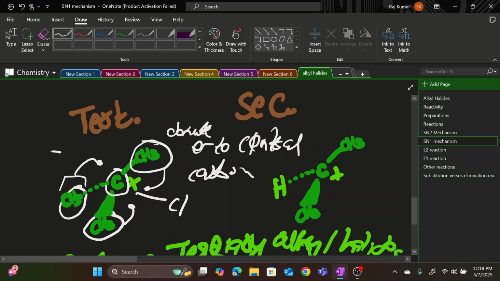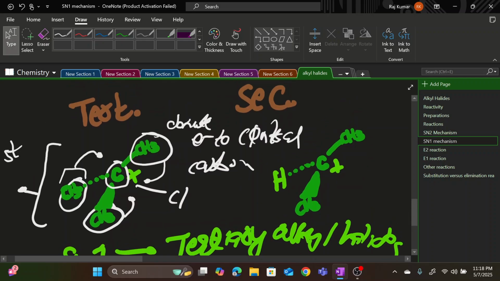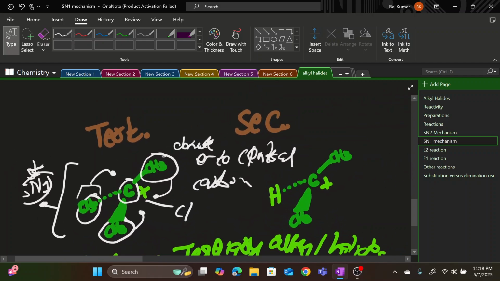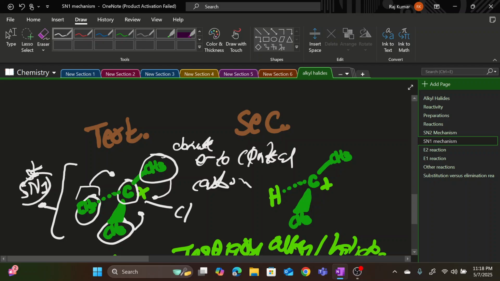And thus, because it leaves the leaving group pretty easily, it can form an SN1 mechanism very nicely. So this is one point that needs to be considered.